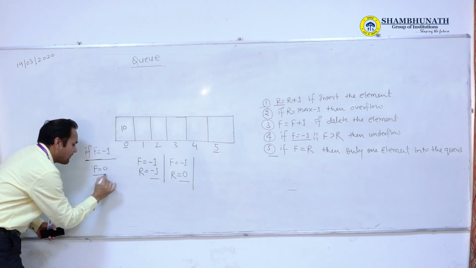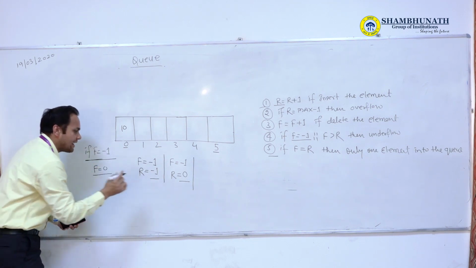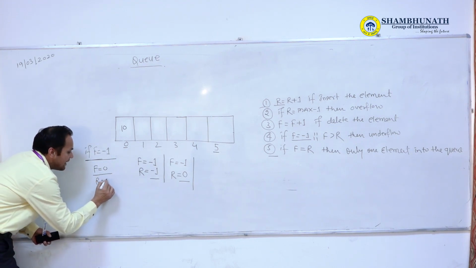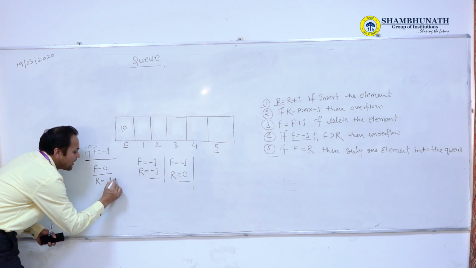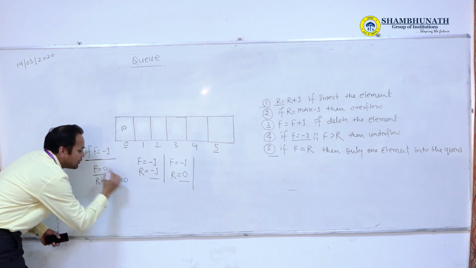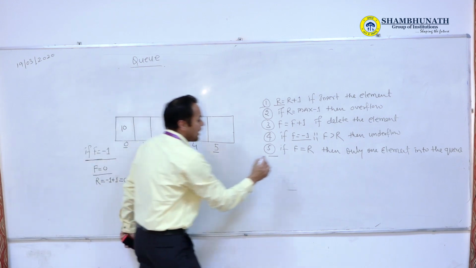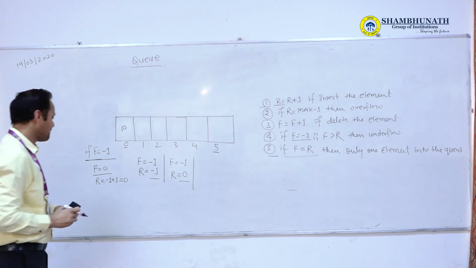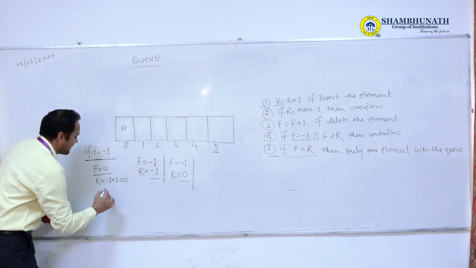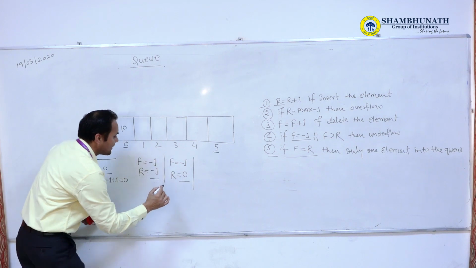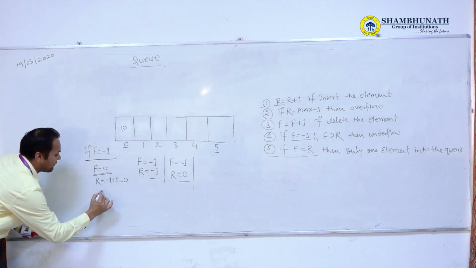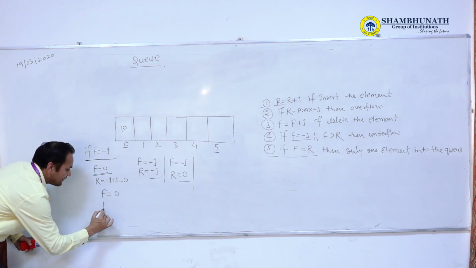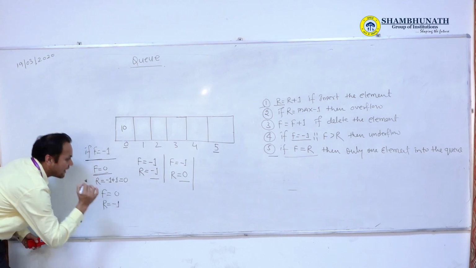That time front is already 0. And inserting the element in the given Q, R will change to -1 plus 1. This is 0. So this condition is true. If there is only one element in a Q, then front and rear are equal. Right? Because in this condition, first we change the position of front, then at that time R is -1.